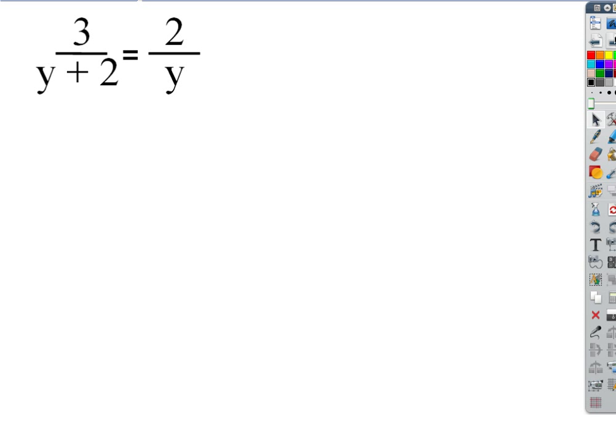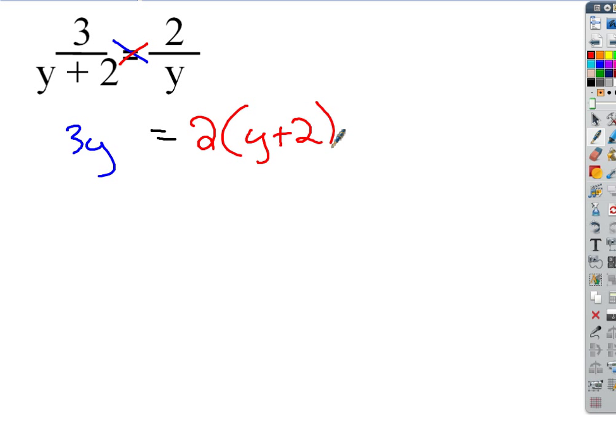What about one like that? That looks a little uglier. Same deal, I'm just going to cross multiply. If I do this diagonal, 3 times y is 3y. If I do this diagonal, now that's the one I have a question for you on. How do I multiply y plus 2 times 2? I'm doing 2 times y plus 2.